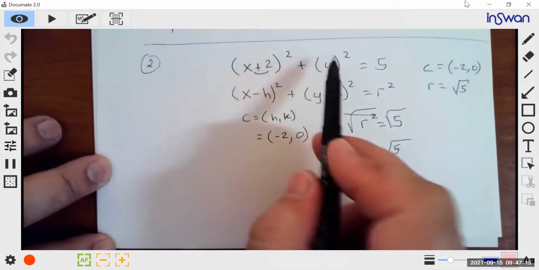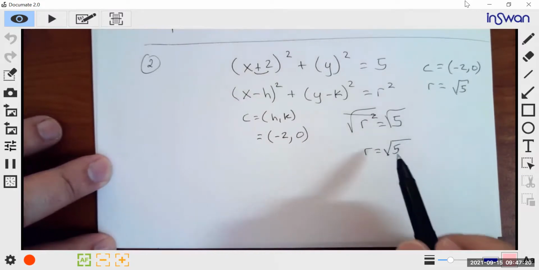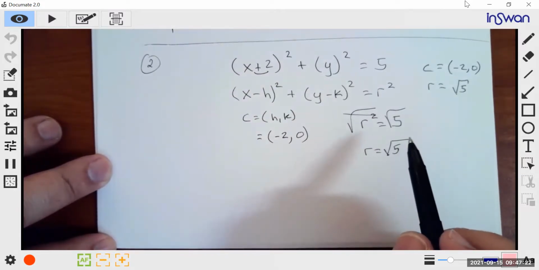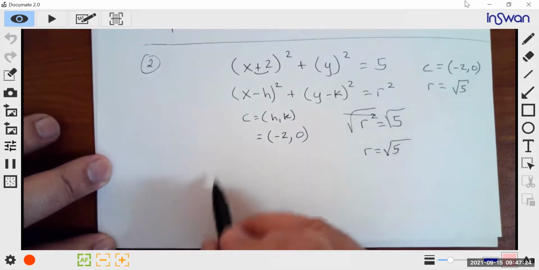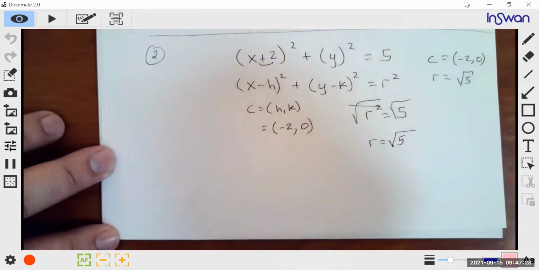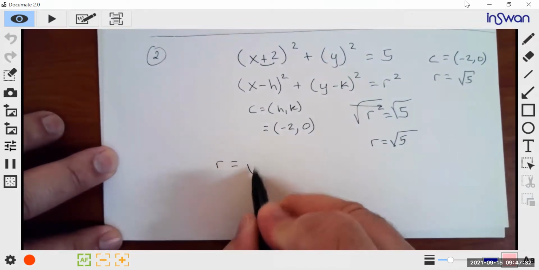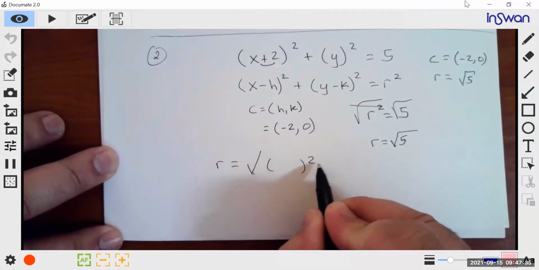If there's no square root in the equation, then you have to take the square root of the answer. If there is a square root on the question part, r is whatever it is.